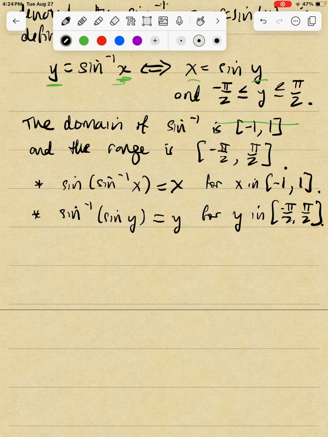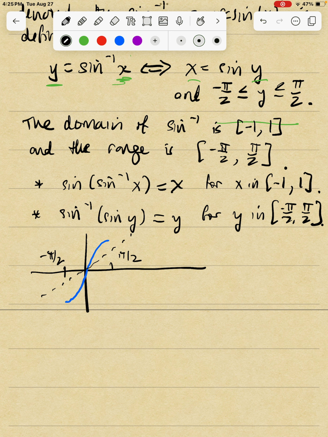Okay, and what does the graph of the arc sine function look like? So from negative pi over 2 to pi over 2, the sine function looks like this, and the inverse of this is going to swap the x and y values, so that makes the reflection about the line y equals x.